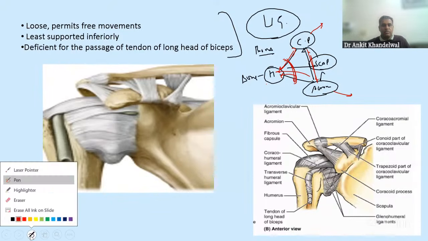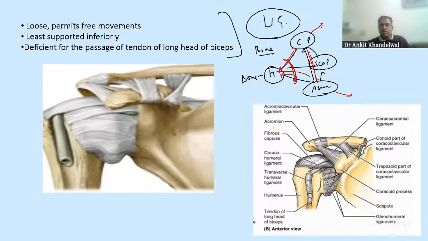Let me highlight over here so that you at least try to understand. There are three glenohumeral ligaments: superior, middle, inferior. We have the coracohumeral ligament, the coracoclavicular ligament, the coracoacromial, all these are names, guys, and the acromioclavicular ligament.